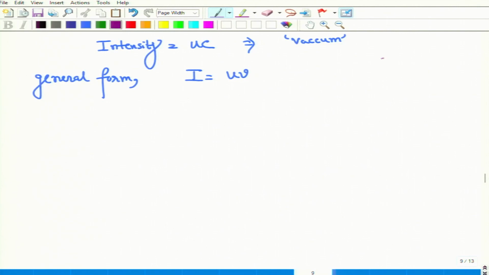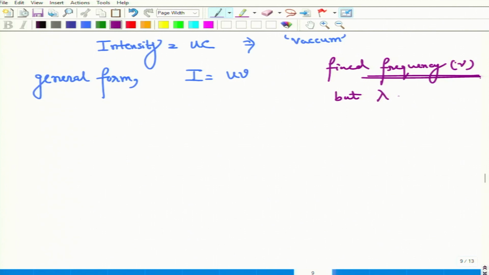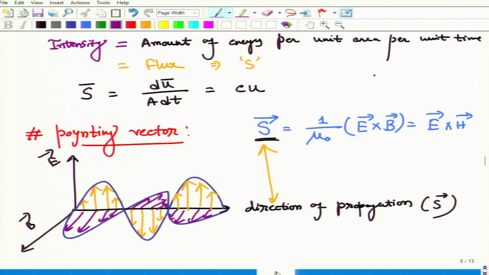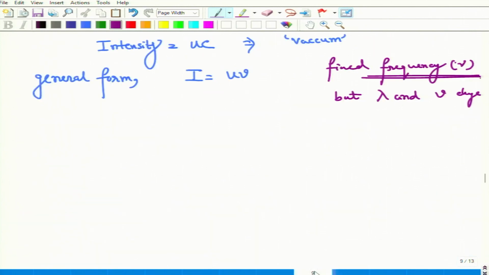As we discussed in the last class, if we change the medium, the frequency nu is fixed and will not change, but lambda and v change. That's why I wrote v here. So this is the general definition of the intensity.